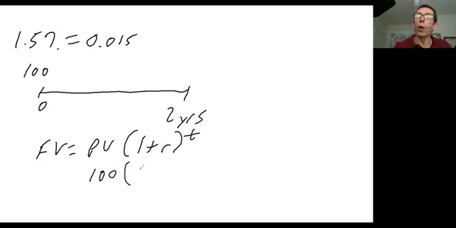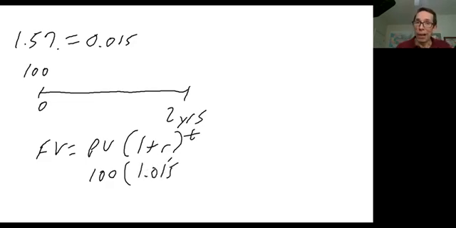Now remember, r is our interest rate per compounding period. We have monthly compounding, which means that at the end of each month, the credit card company is going to add some interest on to our charge. So that's going to be 1.015, right?